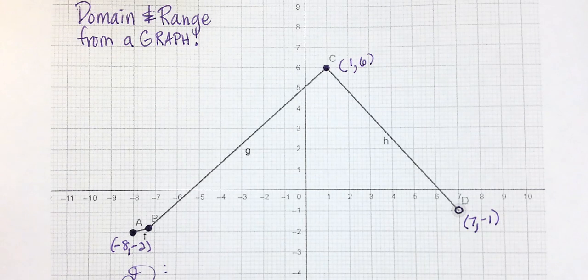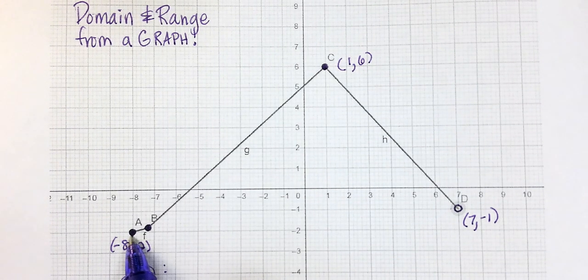Now, the domain is the set of x values from left to right represented on the graph. So the leftmost point in this graph is A, which happens to be -8, -2. And since domain are the x values, then our leftmost x value is -8.